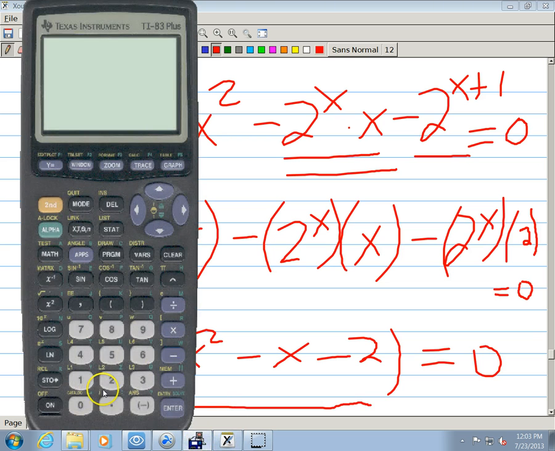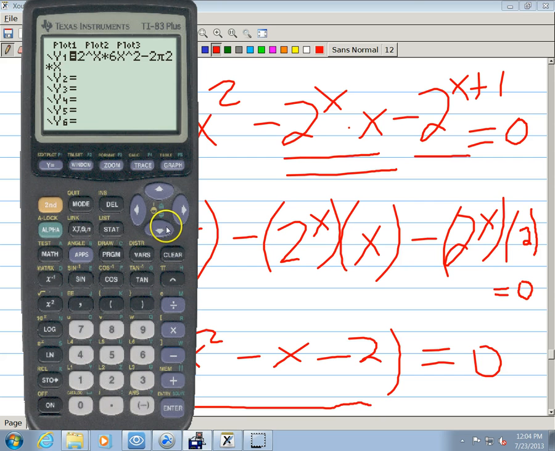Here we go. So it's 2 to the x. Whoops. Clear, clear, clear. All right, so what was it now? It was 2 to the x times 6x squared minus 2 to the x times x.